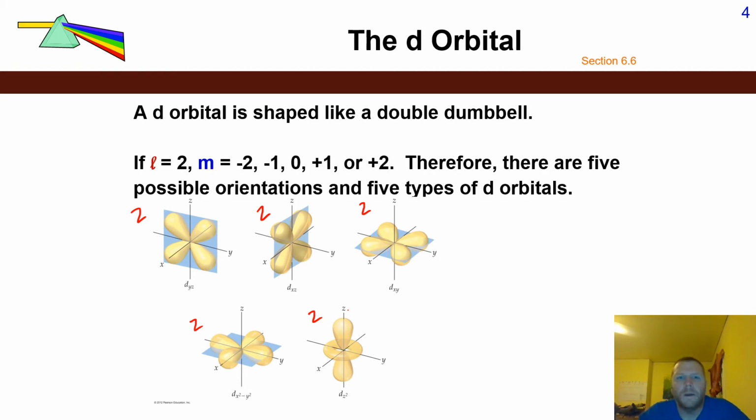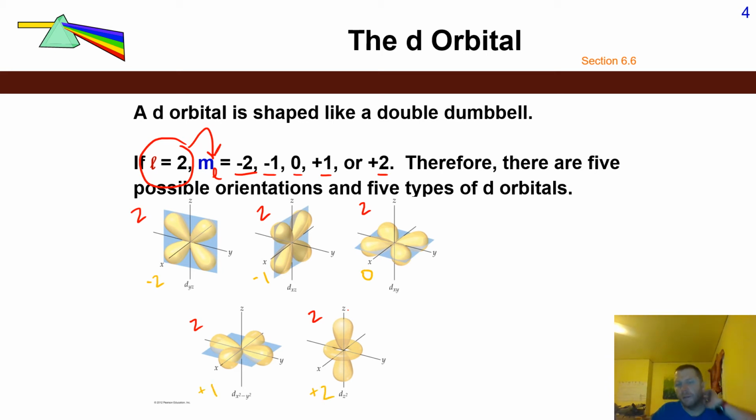Now, this emerges whenever your L value is equal to 2. If your L value equals 2, what does that mean for your M sub L value? Well, that M sub L could be -2, -1, 0, +1, or +2. So the way that I try to think about this is to think of this representation right here as being -2, this is -1, this as 0, this as +1, and this as +2.